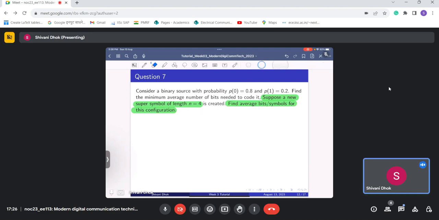Okay, so if I have four possibilities, a four length symbol, each of these blanks can take two values, which means I have 2 to the power 4, that is 16 possibilities for the super symbol.